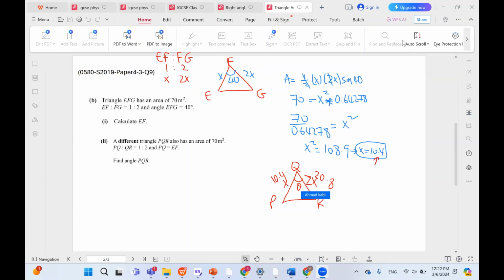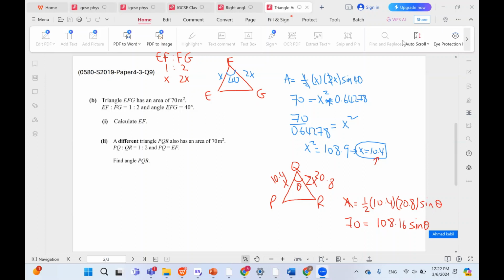So the area would be half times 10.4 times 20.8 times sine theta. Now the area is 70, so 70 equals, and then we multiply 0.5 times 10.4 times 20.8. That gives us 108.16 times sine theta.